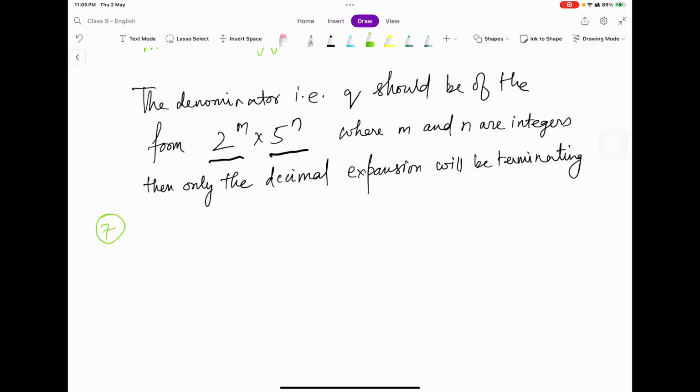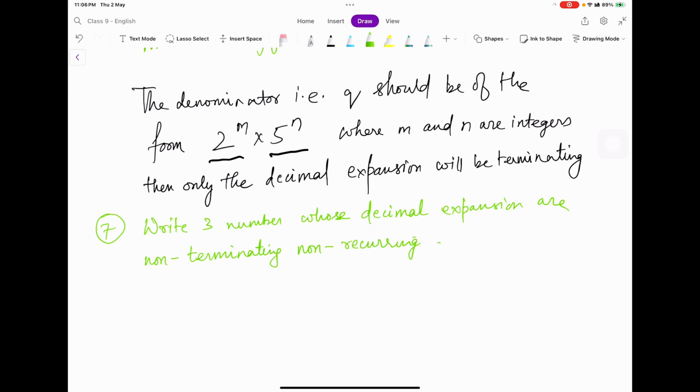7th. Okay, the 7th is: write 3 numbers whose decimal expansions are non-terminating, non-recurring.